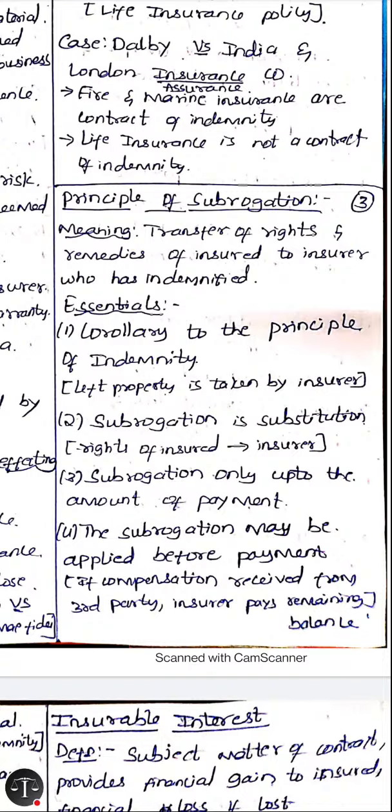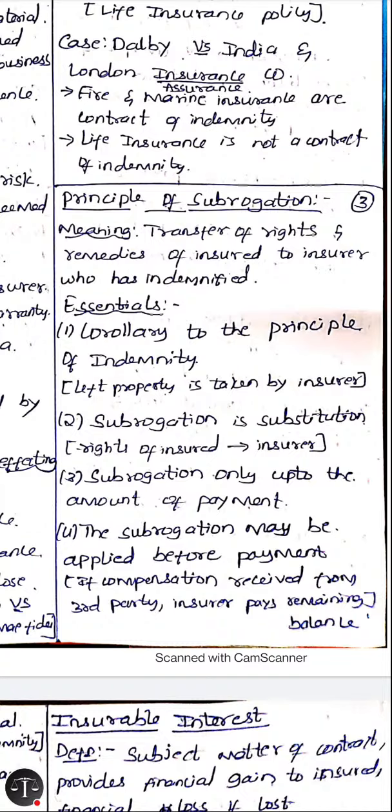After paying the full payment, the insurer will claim the remnants of the property from the fire. The left property is taken by the insurer, because if the insurer pays him full money and also gives him the remaining property, then the insured will get extra benefit, which is against the contract of indemnity. Because in a contract of indemnity, the indemnifier only gives up to the loss, not more than that. So that is why the insurer, after paying all the money, will take the remaining property to himself.